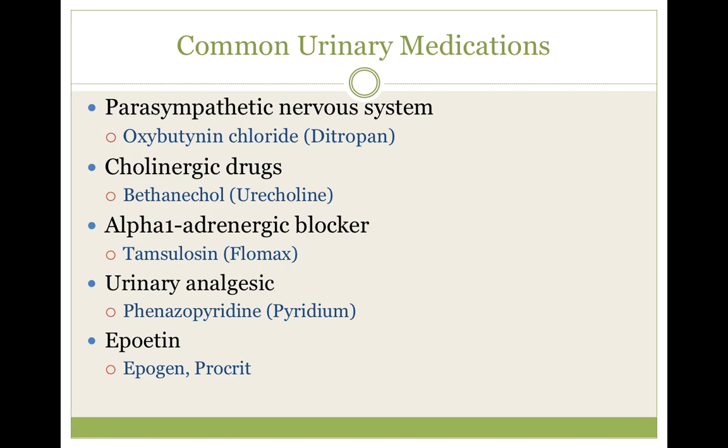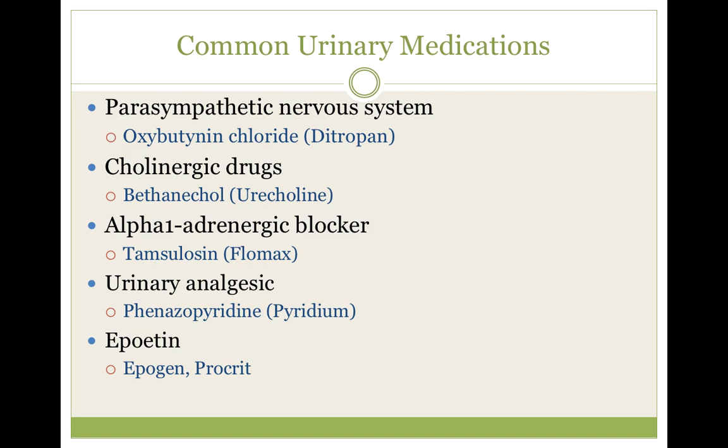So, some common urinary medications that you may see. Ditropan is an anticholinergic drug, and it's a urinary tract antispasmodic. This medication is going to be used for overactive bladder, and it's used with urge incontinence.